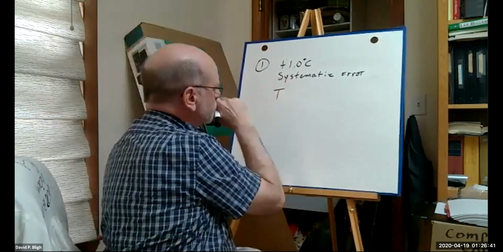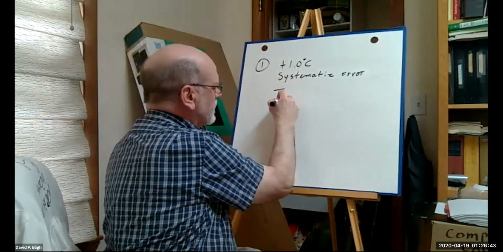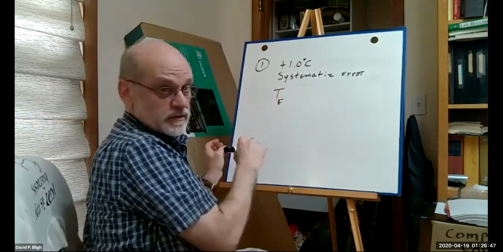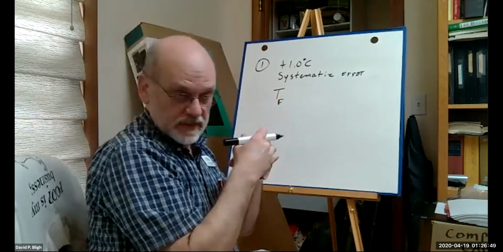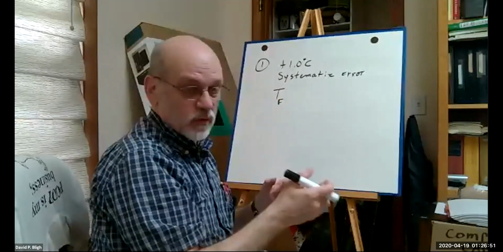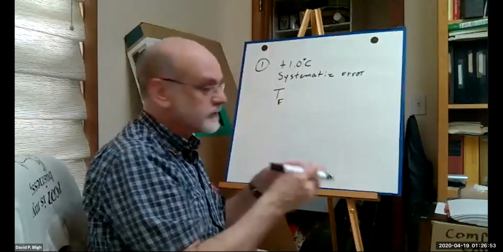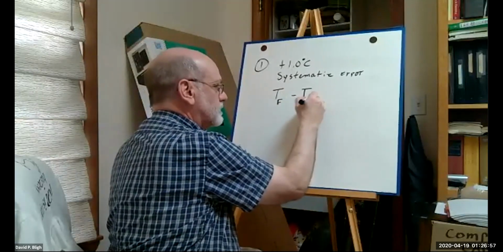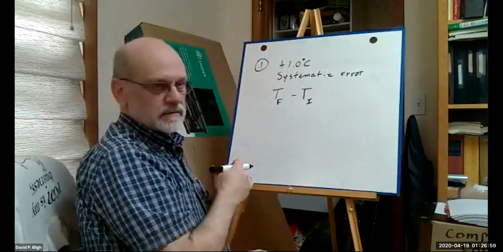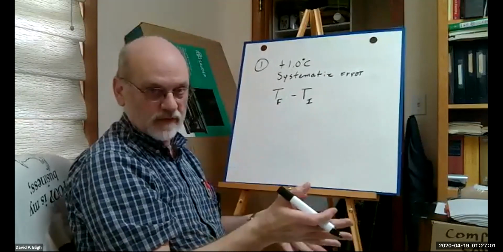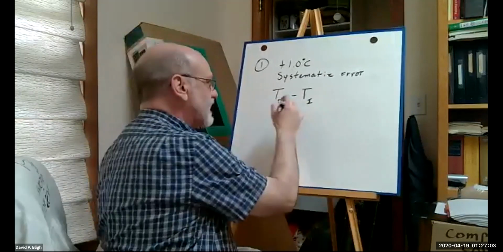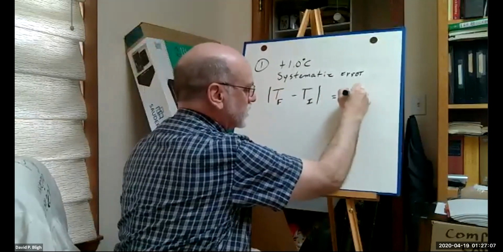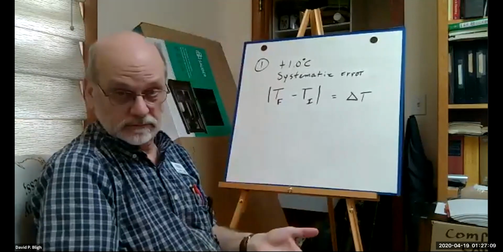Let's say the final temperature, the freezing point temperature, in other words, the one with the solution, both components, minus the initial temperature is that value. That's the pure solvent. So you get a value, and actually it doesn't matter. So you get a change in temperature.